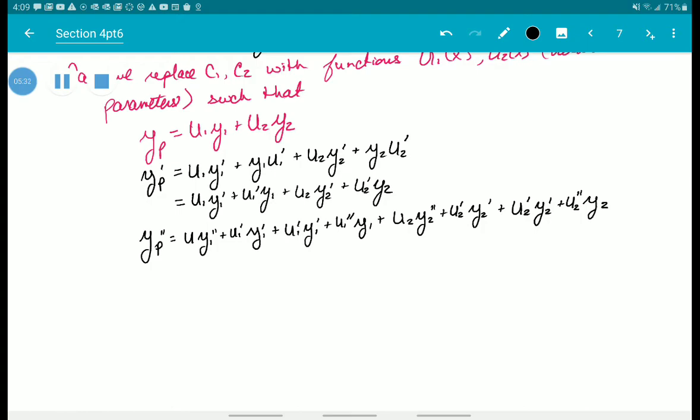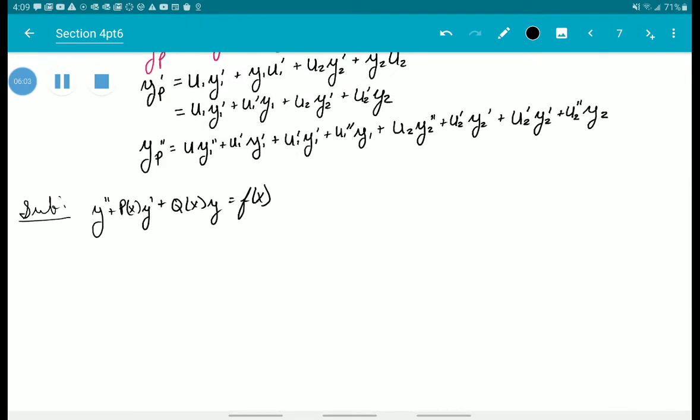So we've got things we can substitute into this differential equation. So our differential equation, remember, is y double prime plus p of x times y prime plus q of x y is equal to f of x. So we have y double prime, so I'm substituting in here.